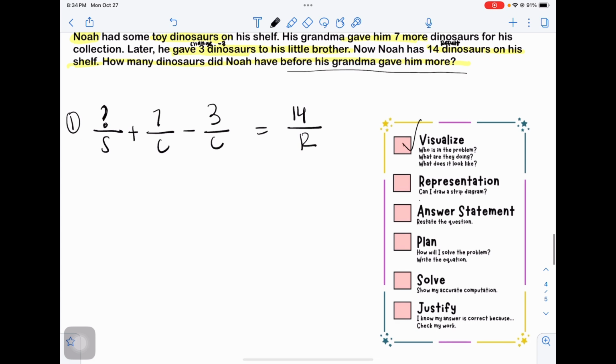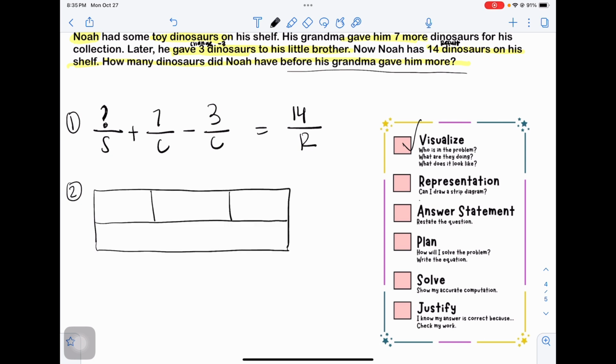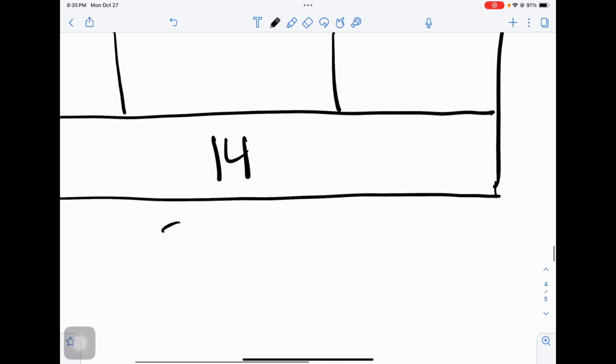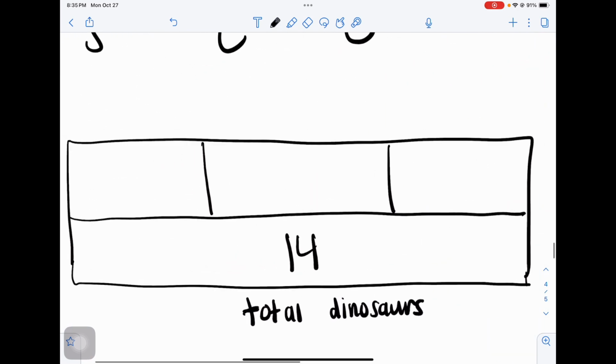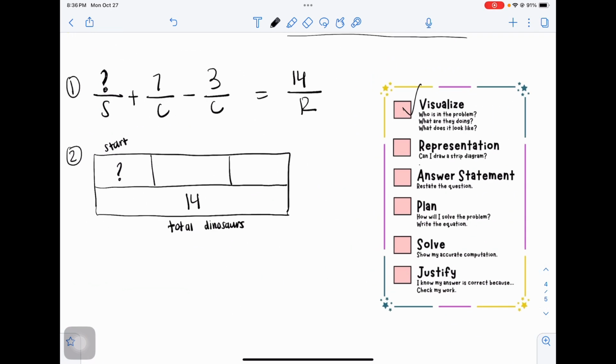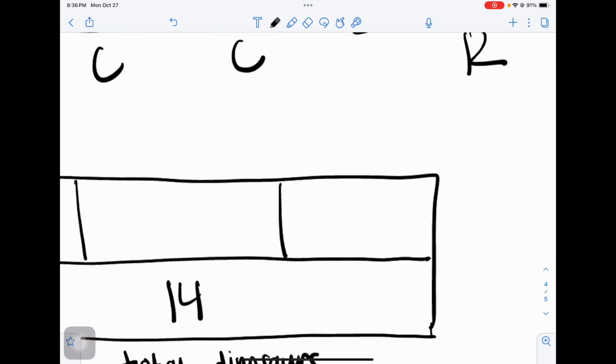So now we're going to go to representation. Again, with our part whole. Let's fill in the information we do know. So we know our total, which is 14 total dinosaurs. Then, do we know our start? No, we don't. We don't know how much he started with. We know his grandma gave him 7 more.